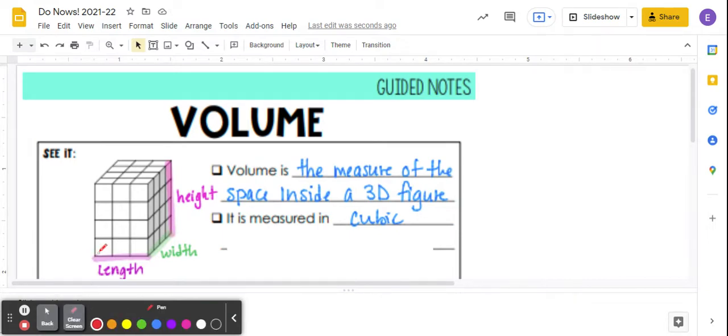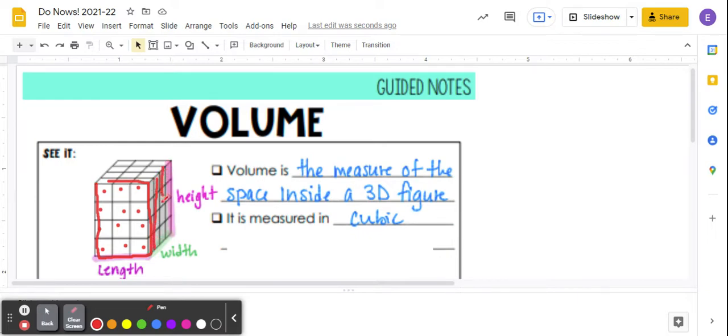So, how many of these little blocks would it take to fill up this shape, this three-dimensional rectangular prism. So we might say we have one row here or layer of 3, 6, 9, 12 blocks. And we have how many of those layers?